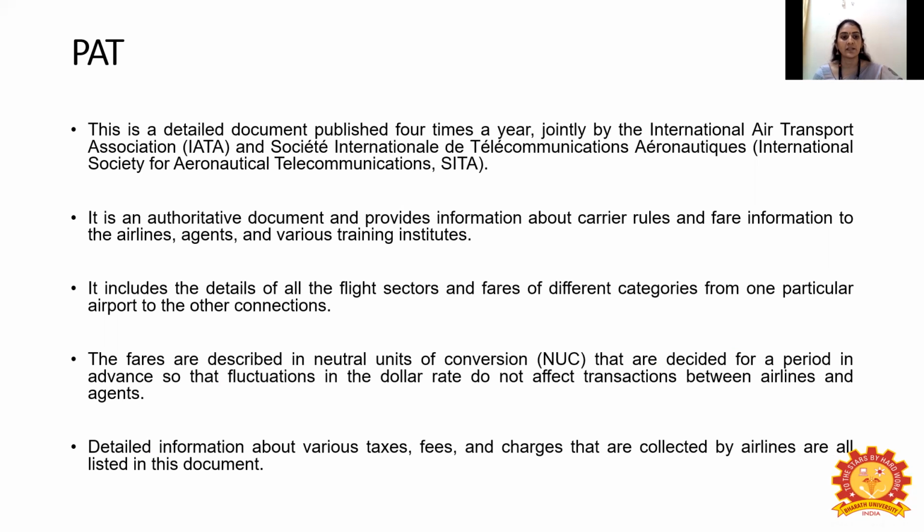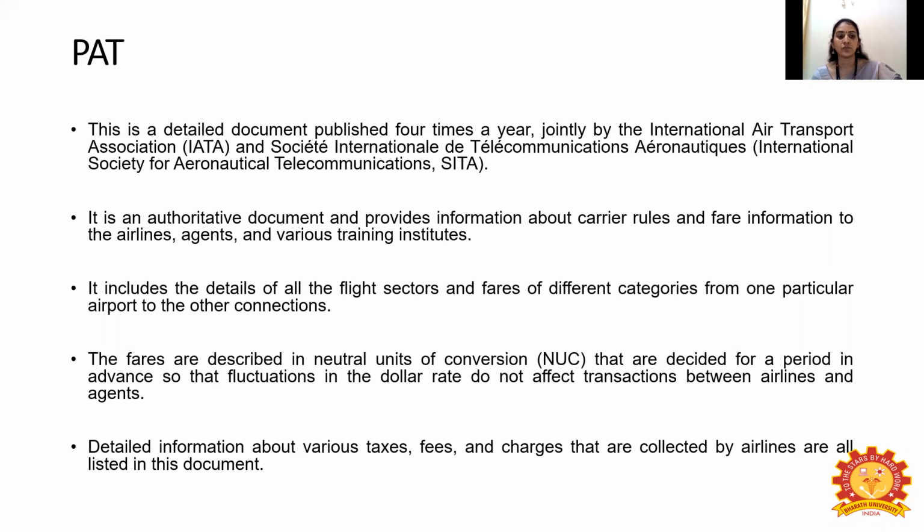Passenger air tariff is an authoritative and informative document. It gives the rules and regulations and the fare information to airline agents, and various training institutions also use it. It is normally called PAT, Passenger Air Tariff Manual.